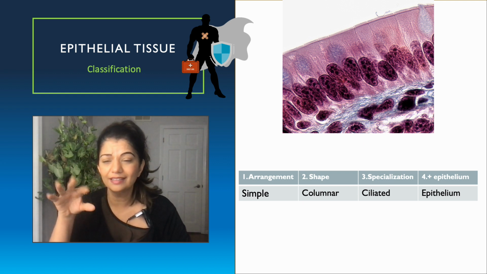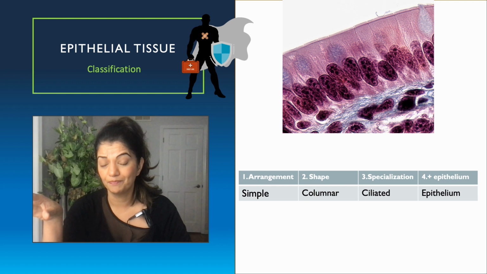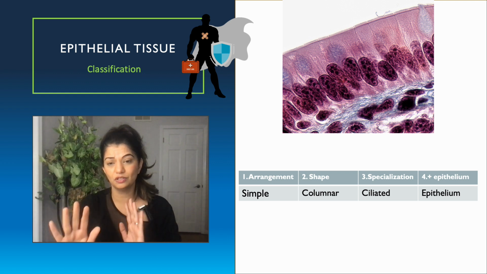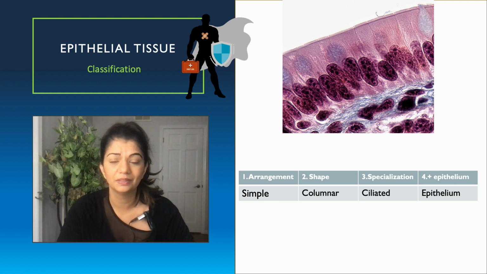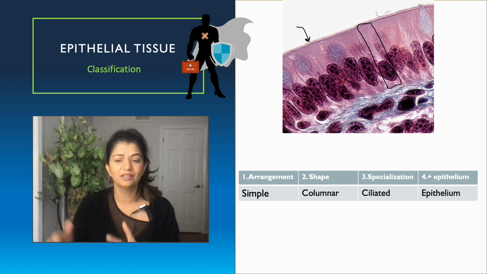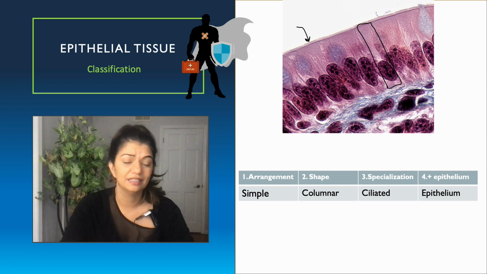So I do find that it's easier to name the cells at a higher power, like 400 or so, because you can really see, especially when you're trying to distinguish between pseudo-stratified and simple, for example. So it is one layer, it's going to be simple in arrangement, and we know that these are columnar cells because we can see the shape. And then we want to know any specializations. Well, we know there's ciliated aspects to this, and then we're of course adding the word epithelium. So simple columnar ciliated epithelium is the answer here.